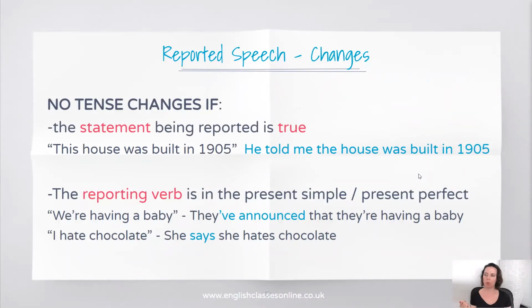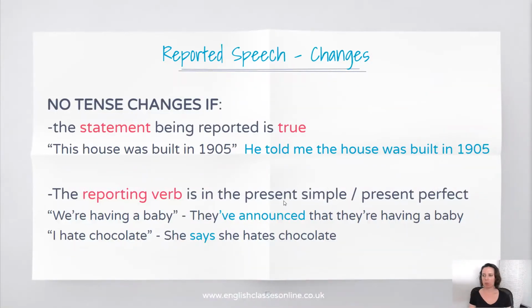That's reason number one. Reason number two is when your reporting verb is in present simple or present perfect. Okay, so your reporting verb is the verb like said, he said that, he announced that, he claimed that. That's your reporting verb.